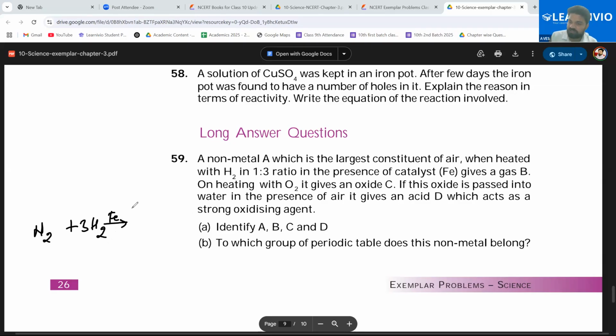N2 plus 3H2 gives you 2NH3, ammonia gas.